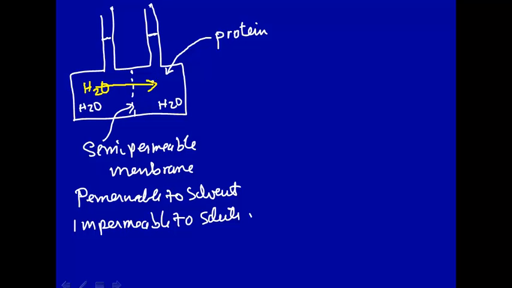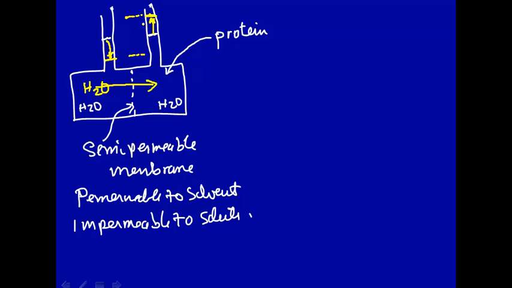So as the water flows, this water level goes up to here. And as it flows, this water level goes down to here. So now you have a difference in water levels above the solution. On the right, you have a higher pressure than on the left, the hydrostatic pressure difference.